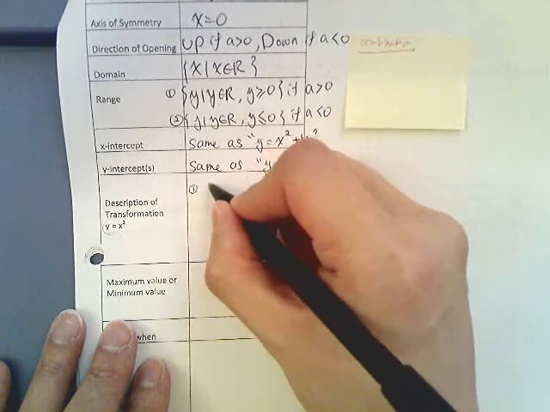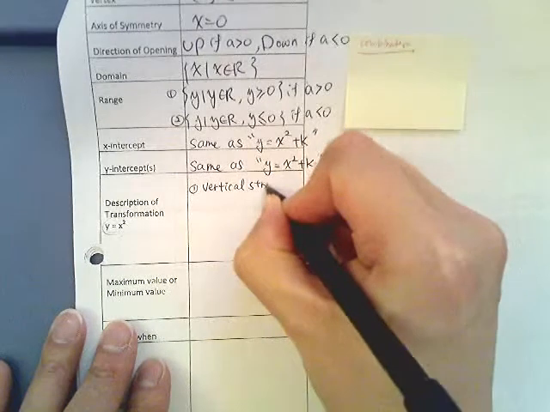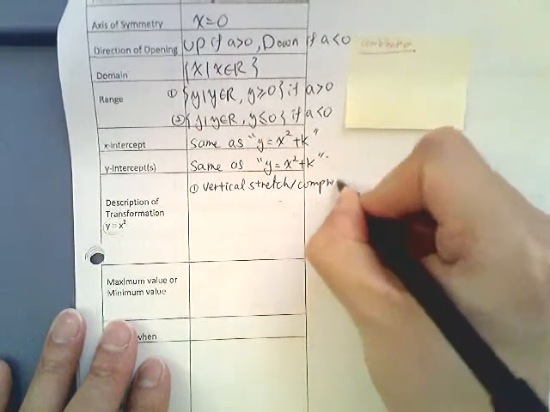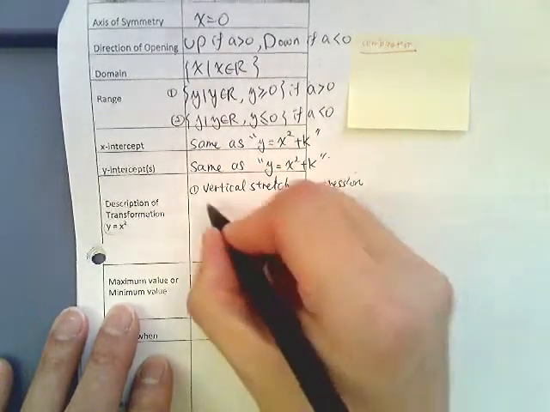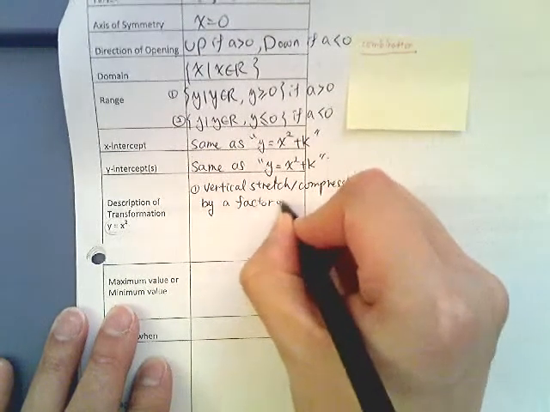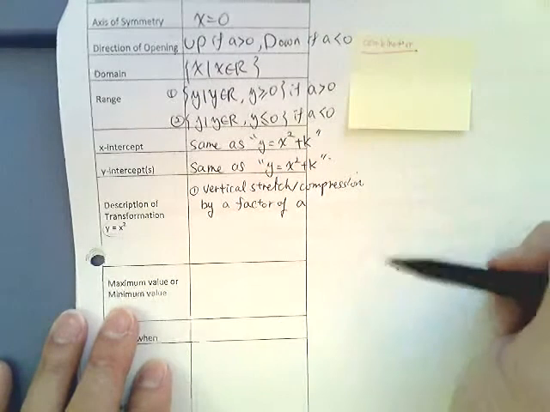The one is a vertical stretch or compression by a factor of a. Now remember, it depends on what the a value is.